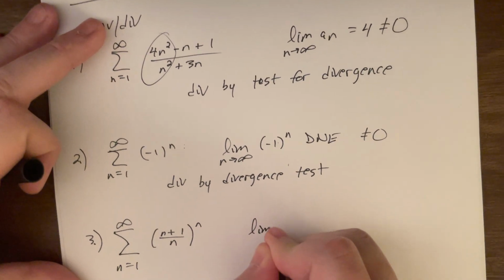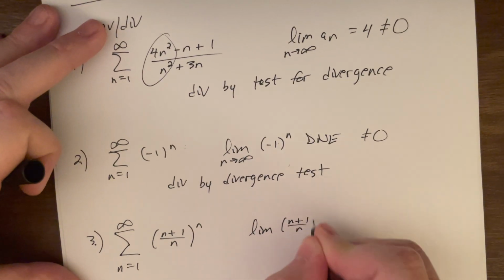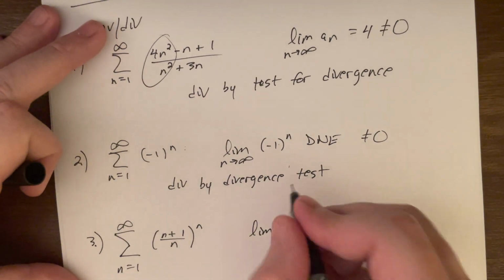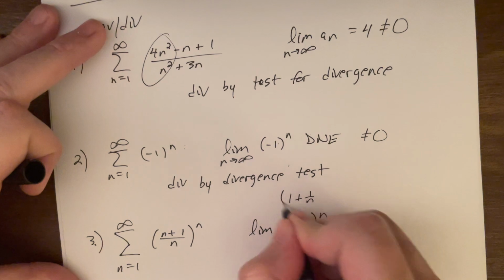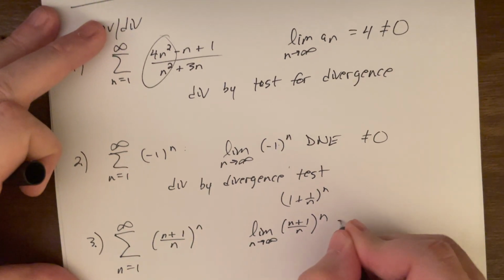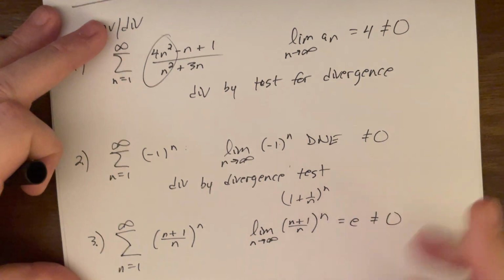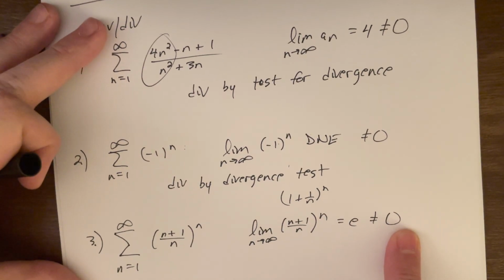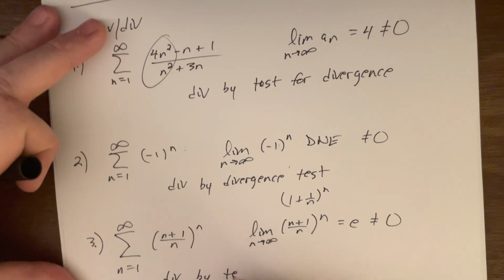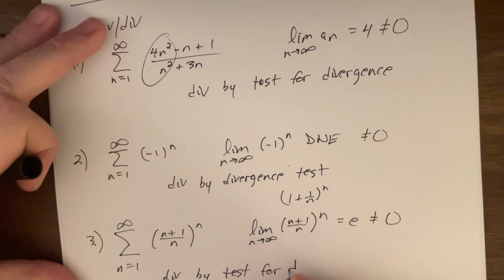The limit of that, again, it's not just that expression. The limit of that expression, whether you write it in this form or you clean it up a little bit, it's the same thing, that limit is the definition of e. e is still not 0, so we once again get diverges by the test for divergence.